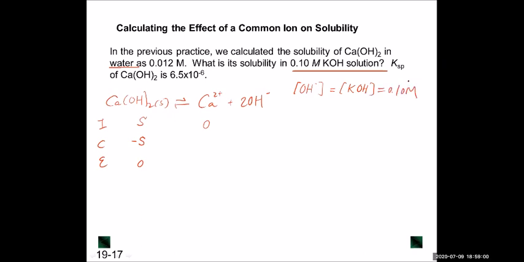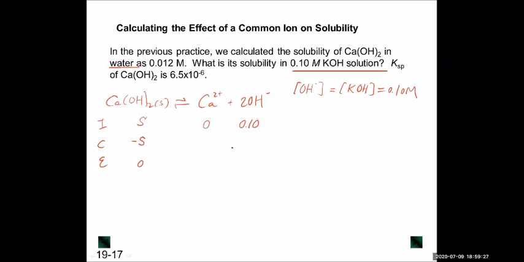So you can see the hydroxide, before the dissolving takes place, has a very high concentration, 0.10 M. So let's put that down here. This is the ion before calcium hydroxide dissolves. That amount is already in the system.